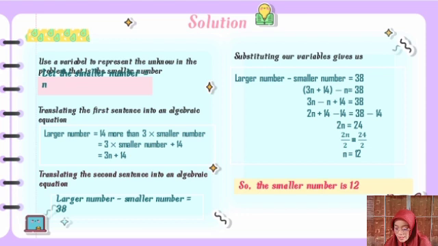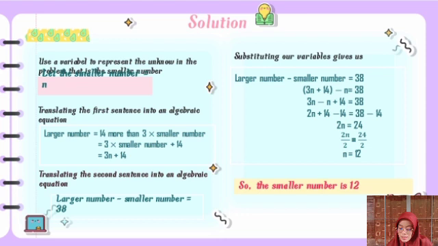Translating the first sentence into an algebraic equation. The larger number is 14 more than 3 times the smaller number.